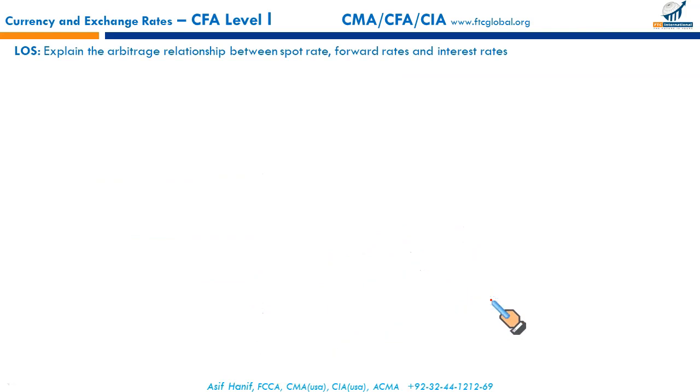All right, let's take an example. Let's say the interest rate in the US is 5% and the interest rate in the UK is 3%. For the sake of simplicity, the current exchange rate is 1 US dollar equal to 1 British pound.